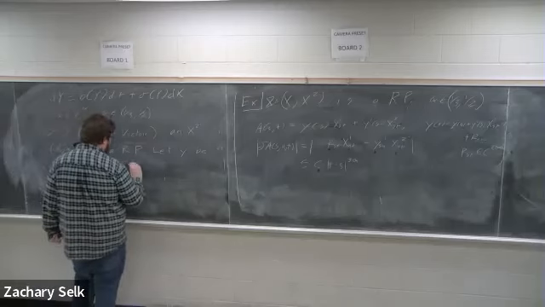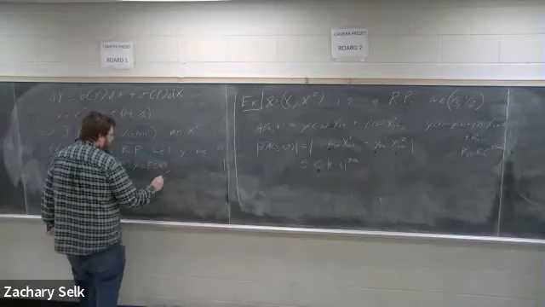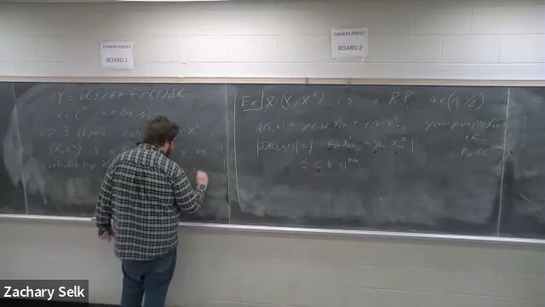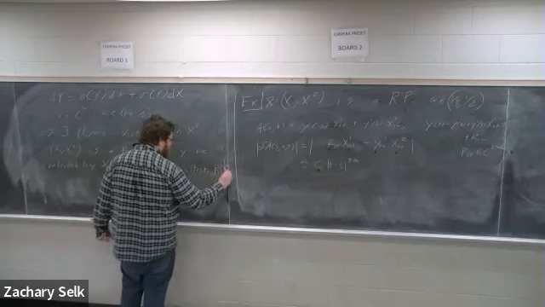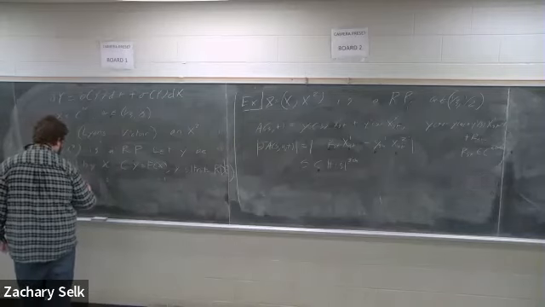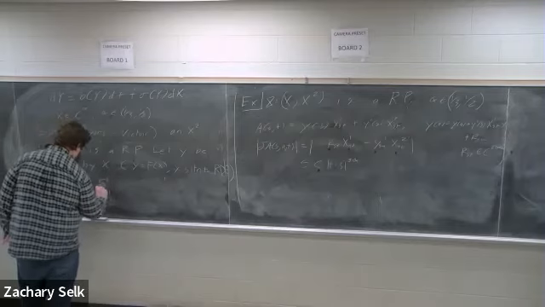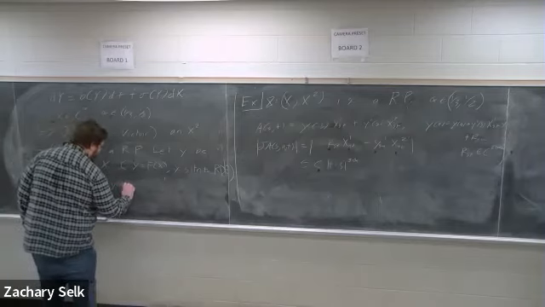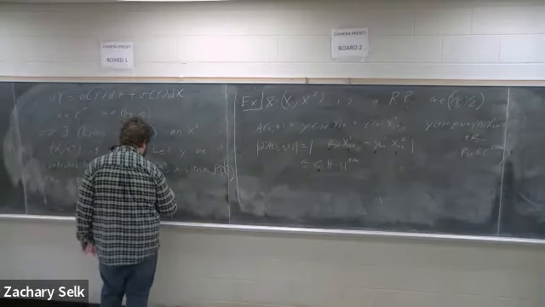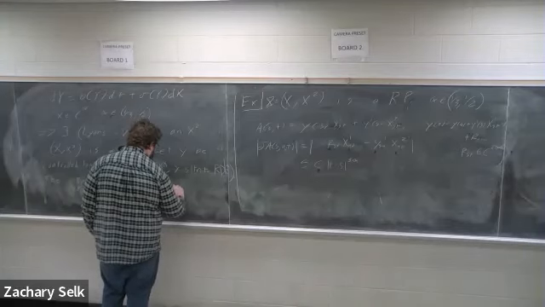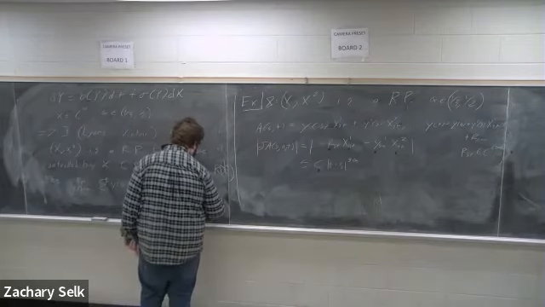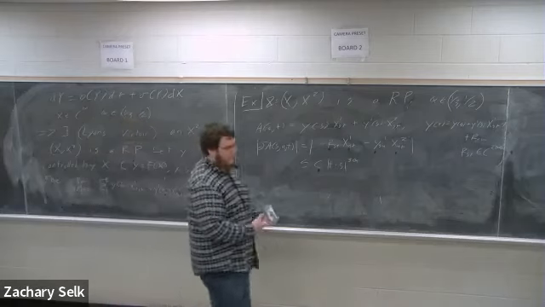Then this limit here, the sum of y of tk times x1 of tk, tk plus 1, plus y prime of tk times x2 of tk, tk plus 1, exists. And this is called the rough integral.